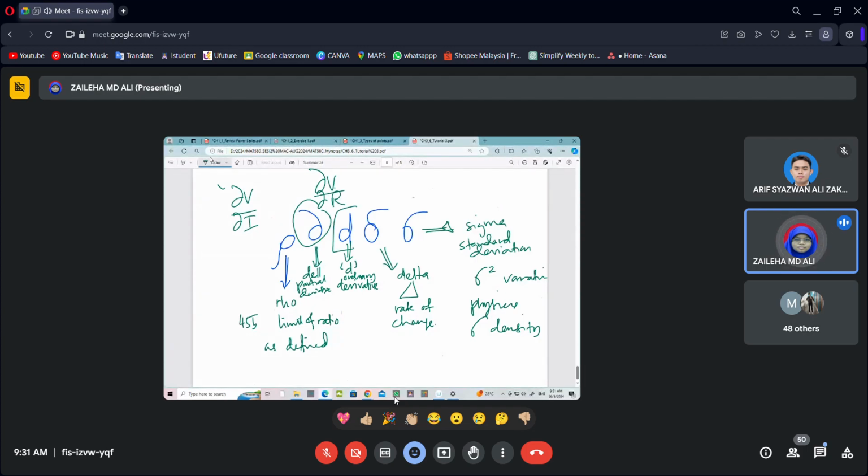We are only dealing with the ordinary derivative. Kita langsung-langsung tak ada guna delta dan kita langsung-langsung tak nak guna sigma. Begitu juga dengan rho. So please take note of this. Jangan salah guna notation. Kalau tak saya pakai besar saja because it means different. Are you okay so far? Boleh ya? So please take note of this.